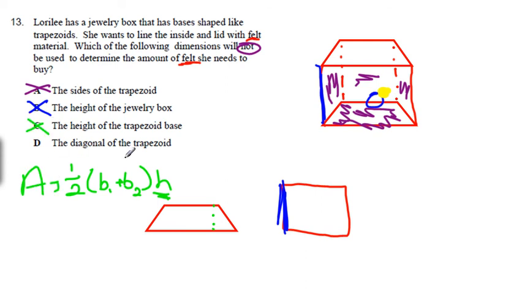And then the diagonal of the trapezoid, which means from this corner to the diagonal corner. Well, what good would that do us? Nowhere in our formula for area does it talk about a diagonal. In fact, I don't think we've talked about diagonals pretty much at all this year. So this is not important.